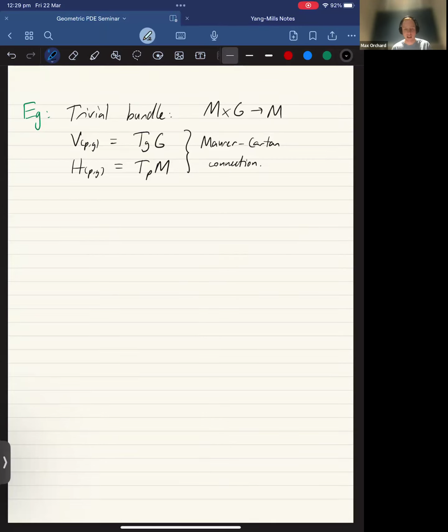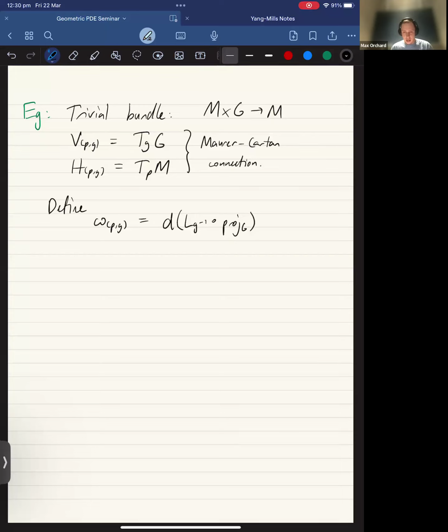Cool. So the connection form for the Maurer-Cartan connection will simply be given by, if we look at the map that we get at a given point in the trivial bundle, this map here. We're going to first project onto G and then take you back to the Lie algebra, essentially.